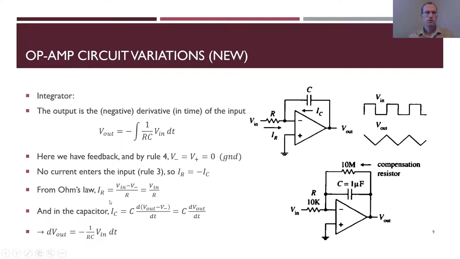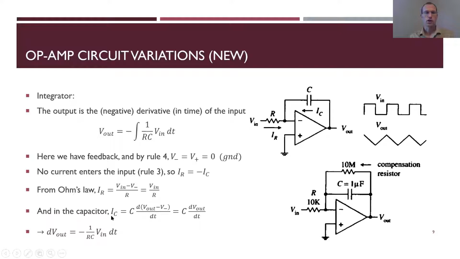From Ohm's law, the current through my resistor is the voltage drop, in this case V in minus V minus, divided by that resistor R. V minus is 0, so that's just V in over R. For my capacitor, same deal. I can take a voltage loop around here: V out minus V minus, but V minus again is 0.